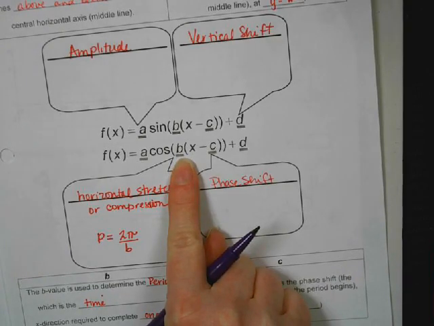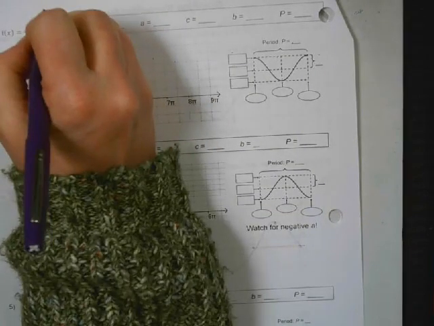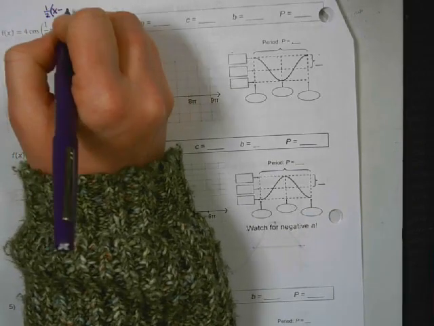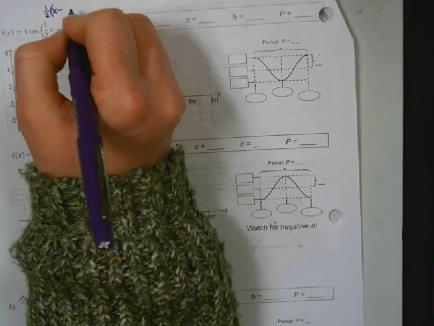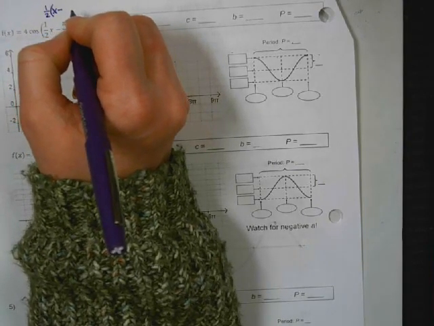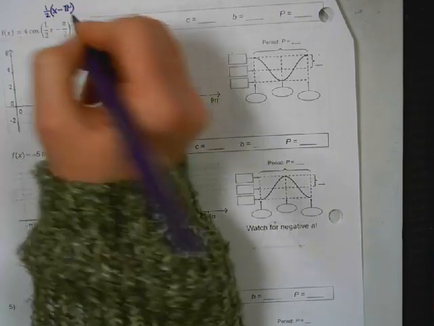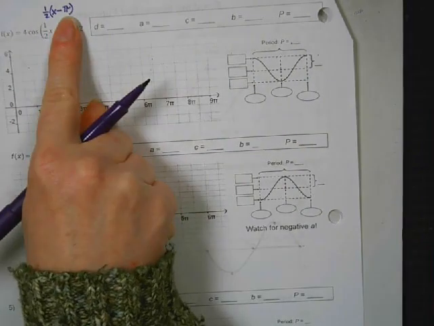It won't affect your period because that's going to be the same. So I'm going to factor out a half, and that would leave me x minus half pi divided by a half, which ends up just being pi. So my shift is actually pi, not half pi.